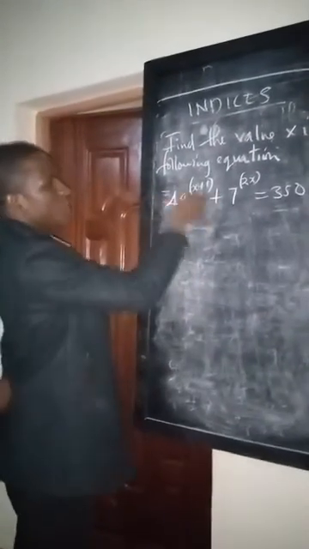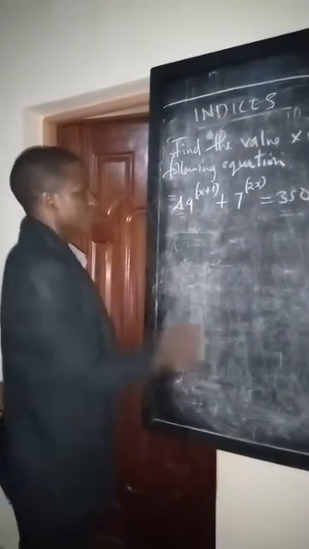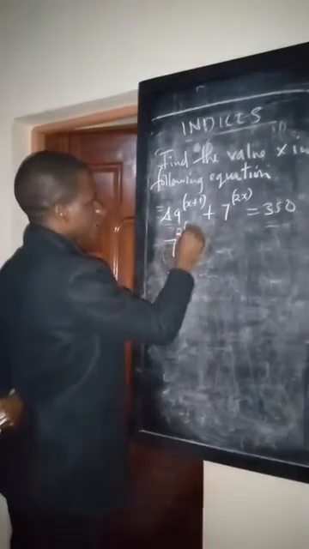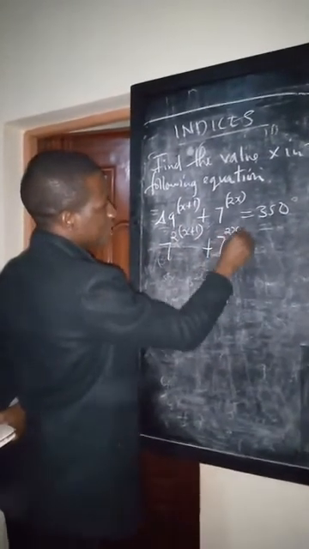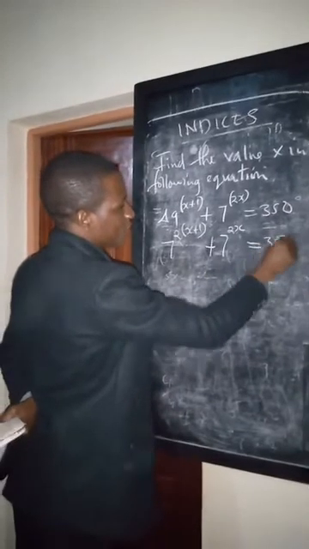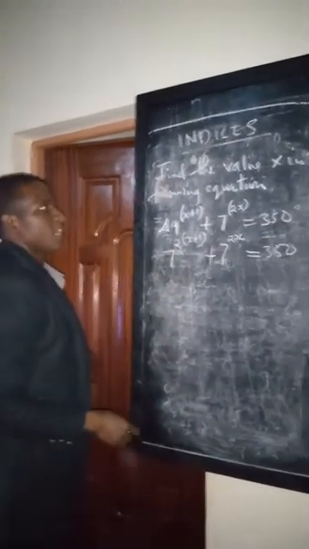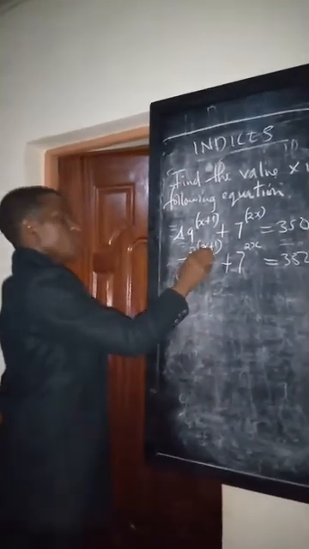Now, in our case here, we have 49, which is raised to power x. We are saying this one, we can write it into a common base of 7, and we shall have 7 raised to power 2 in bracket x plus 1, then plus 7 raised to power 2x, which is equal to 350. Now we can open this one. You remember the rule of powers, whereby we multiply the power by another power.